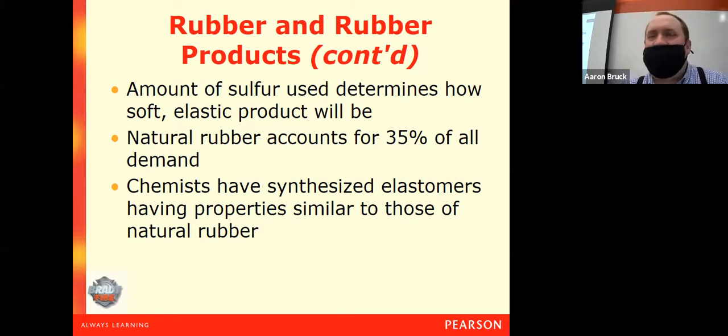What it is, is something called an elastomer, basically a polymer that has been created specifically to have elastic-like properties, meaning we can stretch it, but when we're done stretching it, it snaps back to its original state. And so only about 35% of the rubber that is created actually comes from natural rubber sources. The rest is made in a laboratory somewhere.